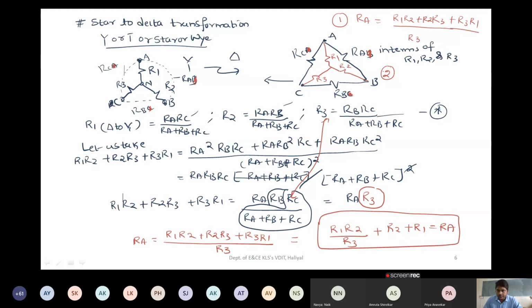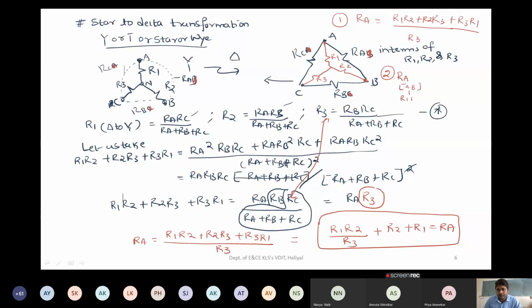Second way is very simple. First look at which resistance we are interested in calculating, RA. As a beginner, just note down where RA is connected. RA is connected to the points A and B, right? To these points, which resistors are connected?